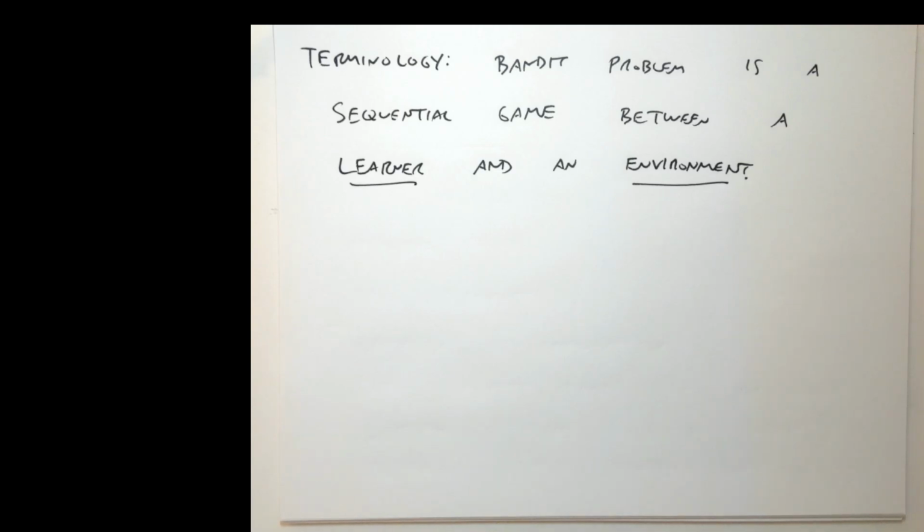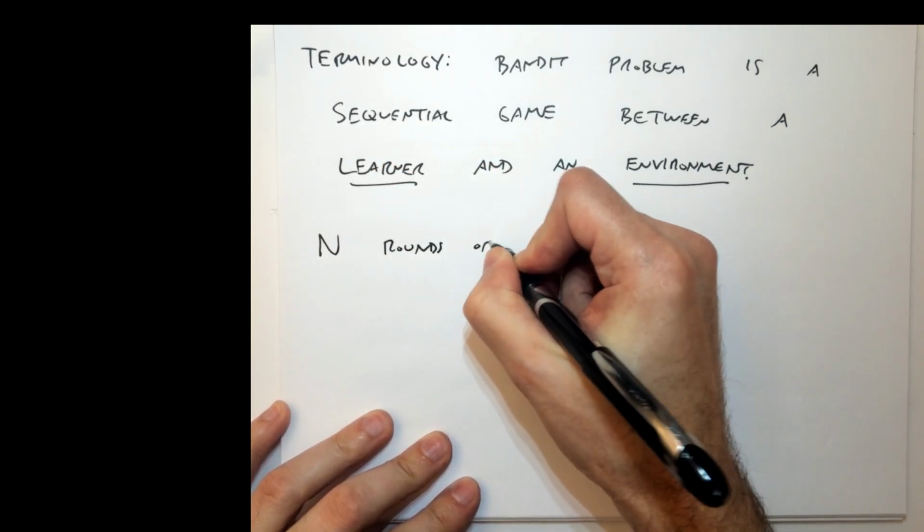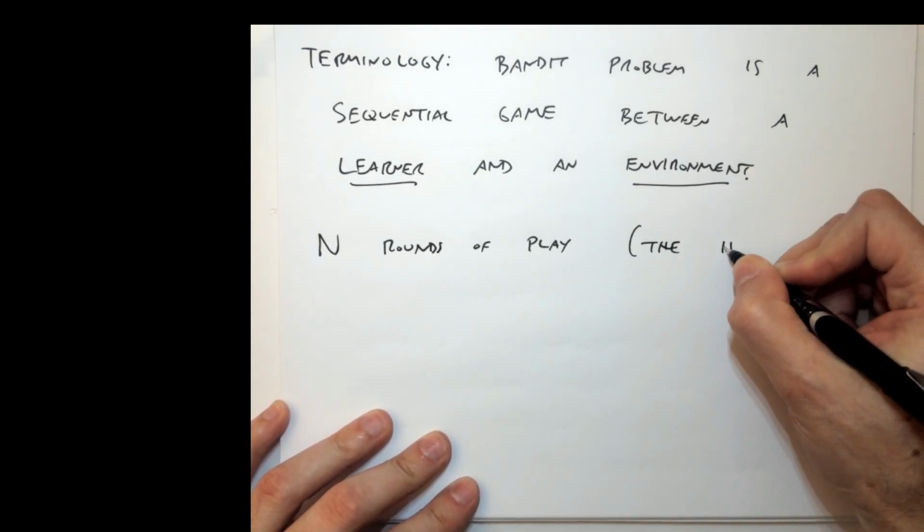And so basically the idea is that there are n rounds of playing, right? And that number n is called the horizon, so that there are n rounds of play. This is called the horizon.